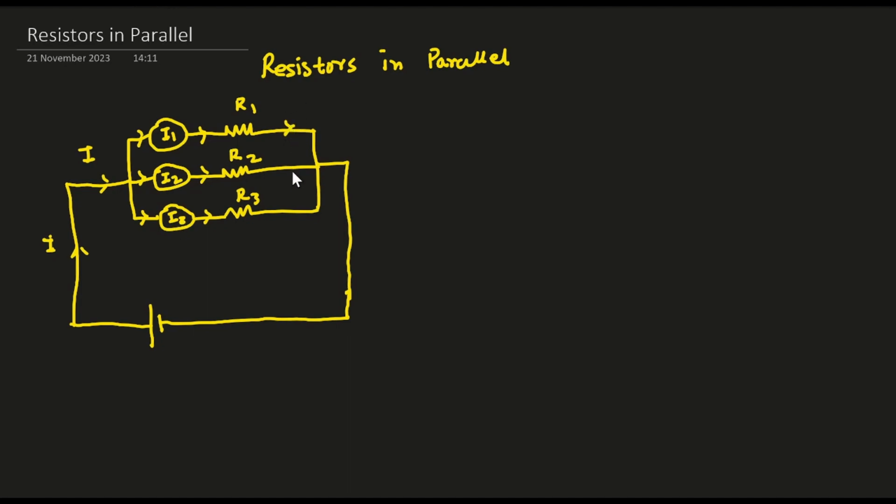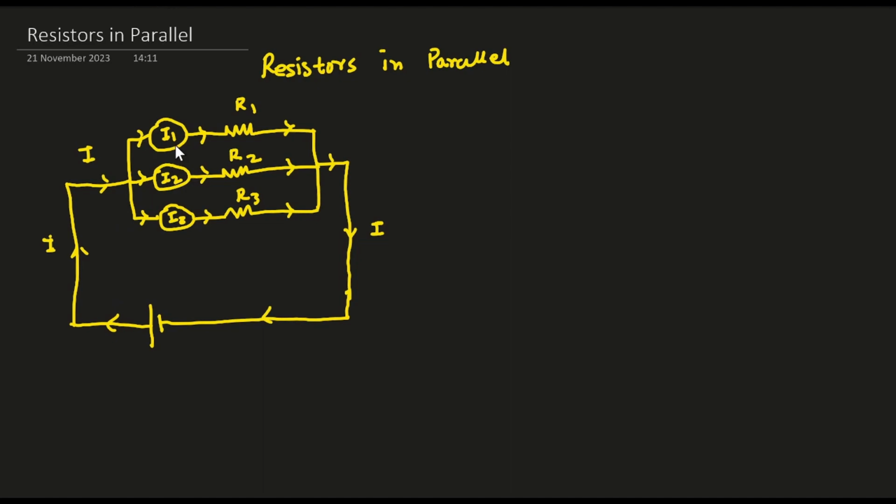I1 will flow through R1, I2 will flow through R2, and I3 will flow through R3, and again it will be combined here, and the same amount of current I will flow after this. So this will be our current I, and these 3 are I1, I2, I3.